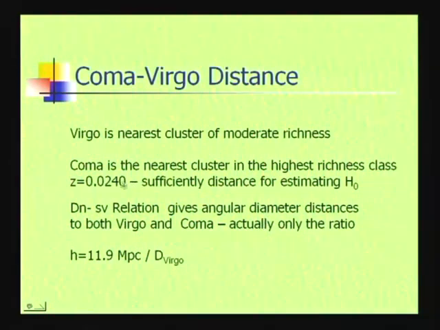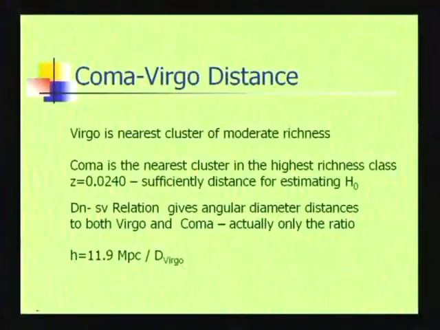Now, the Coma cluster redshift is z equal to 0.02, and it is sufficiently far that you can use it to get a reliable estimate of the Hubble parameter. If it were nearer, then the peculiar velocity would be considerable and you would not be able to use it to get a reliable estimate of the Hubble parameter.